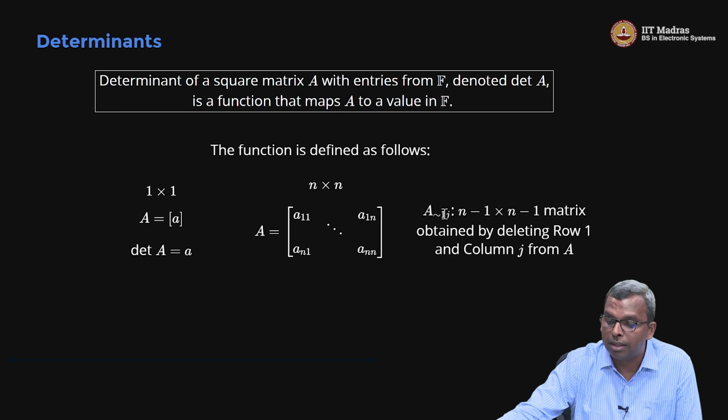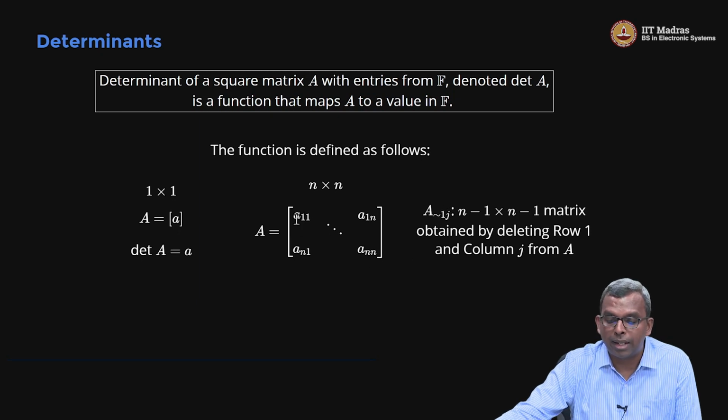It is the n minus 1 by n minus 1 matrix obtained by deleting row 1 and column j from A. For instance, if j is 1, A tilde 1 1 is this matrix: you take this matrix, delete the first column, delete the first row, and you have an n minus 1 by n minus 1 matrix. These are called minors. When you delete one row and one column, what you have left is called the minor.